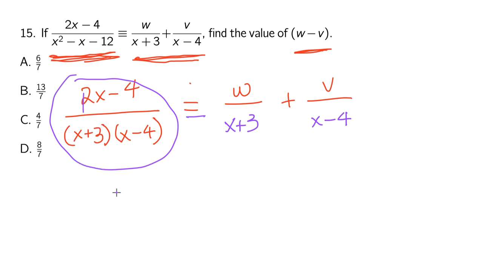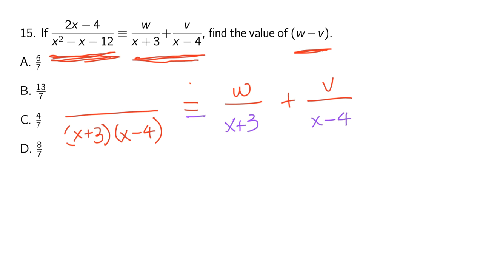So you imagine you have 2x minus 4 over x plus 3 times x minus 4.